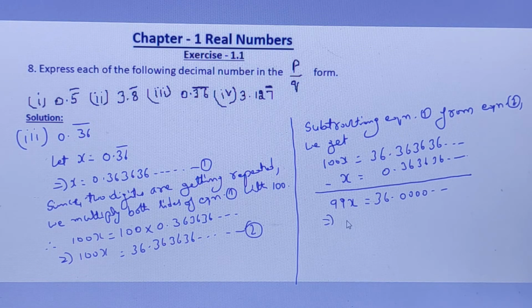This implies 99x is equal to 36, implies x is equal to 36 by 99.